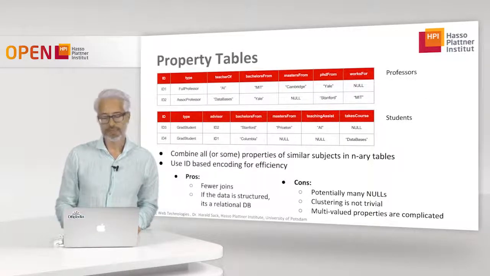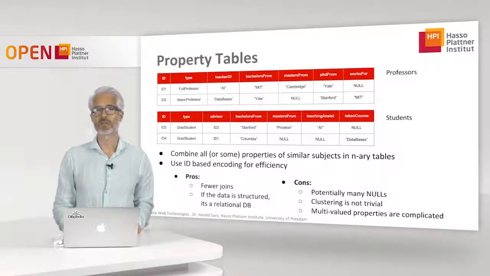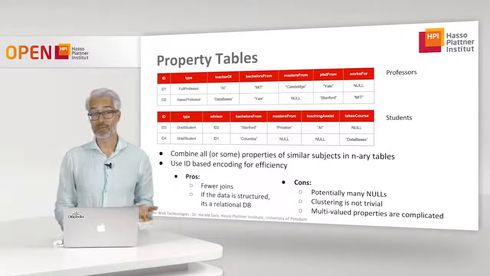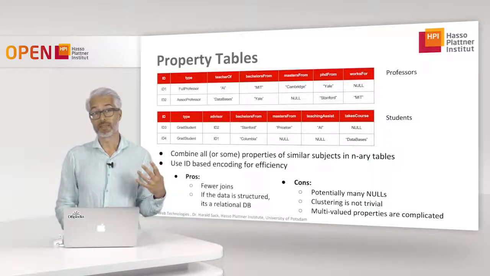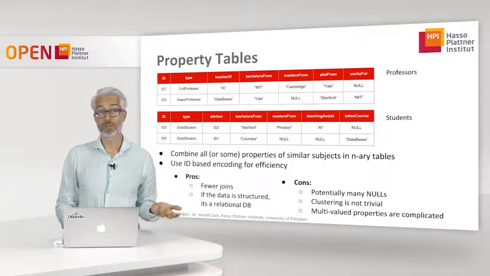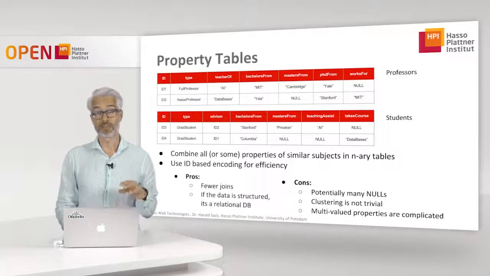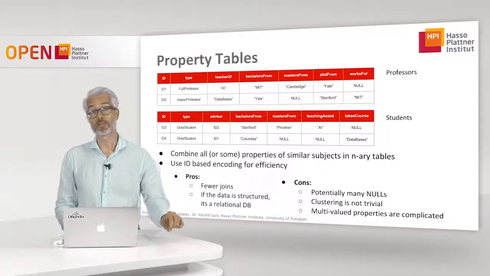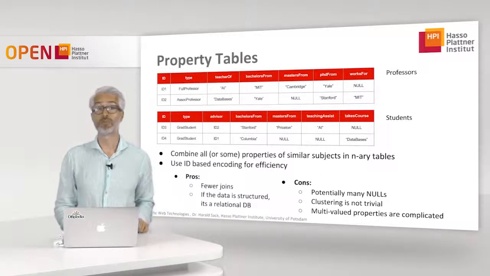The most sophisticated version are the so-called property tables, because here I try to combine all kinds of triples which share common properties. So for example, in our example, I could arrange a table for professors and a table for students, where I sum up all triples with properties which refer either to professors or to students.